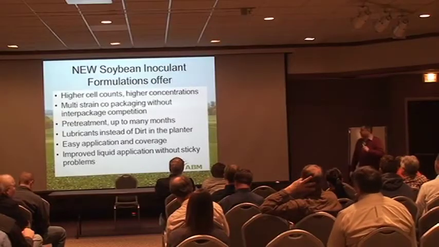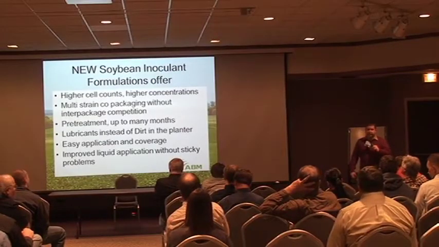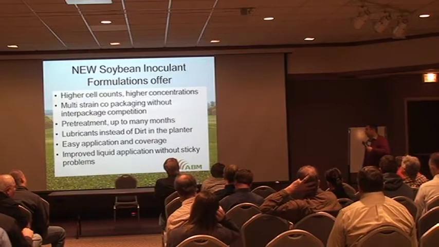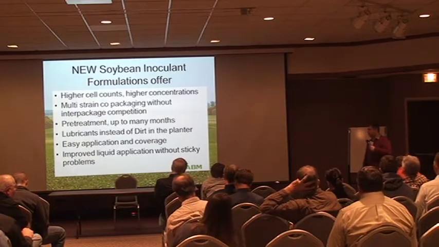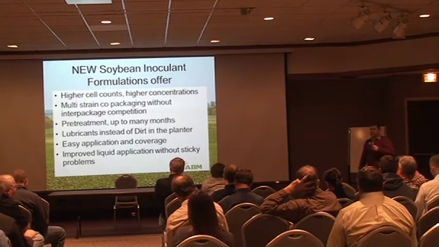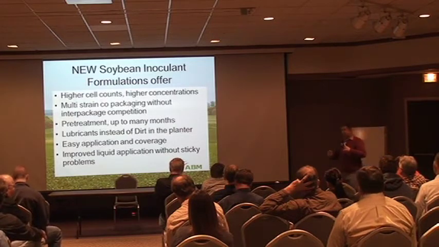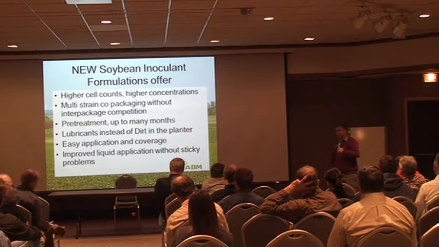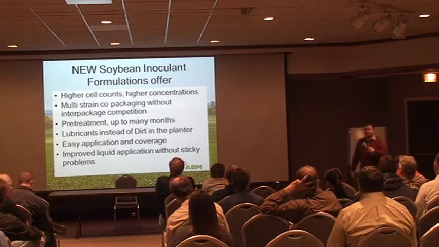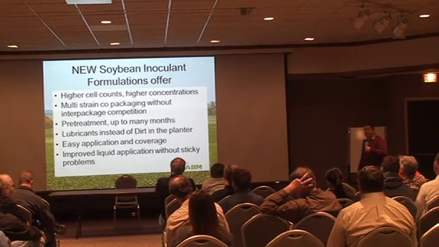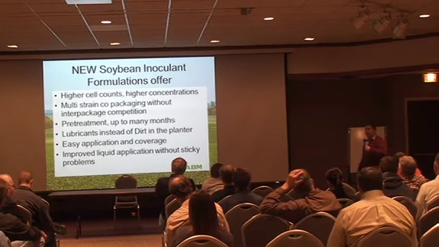One of the new innovations for grower-applied inoculants would be the ability to get away from the peat or humus application into the planter. Most planters today are $100, $200, $300,000 pieces of equipment, and pouring dirt into them is really not a good practice. The last time I bought a radial beam meter, it was $800.